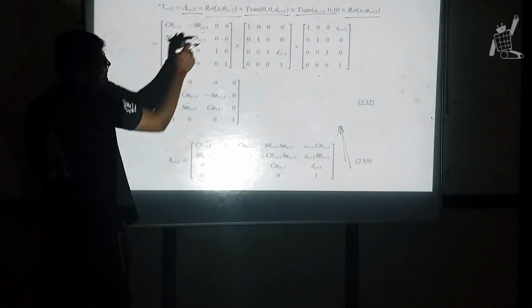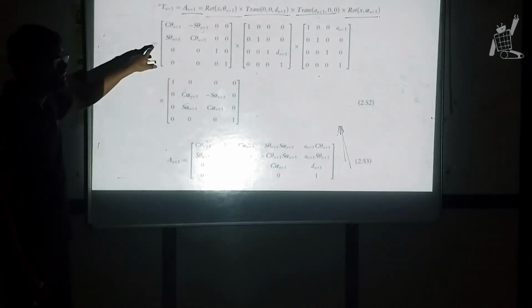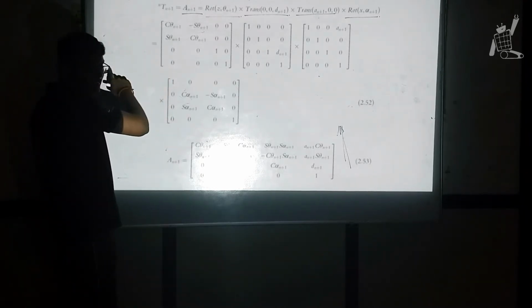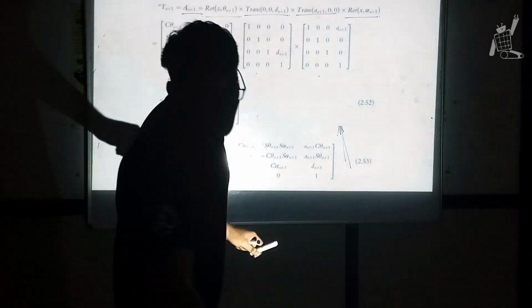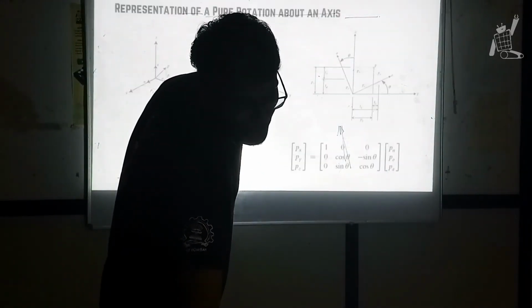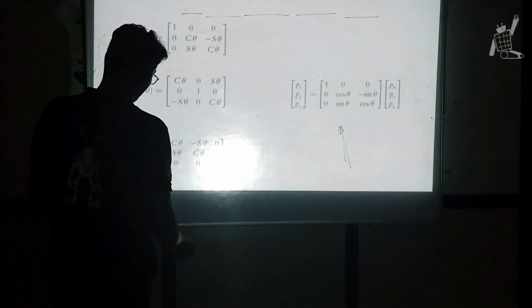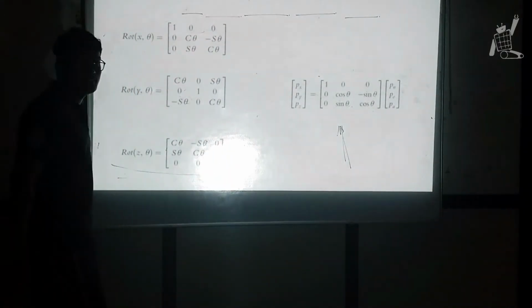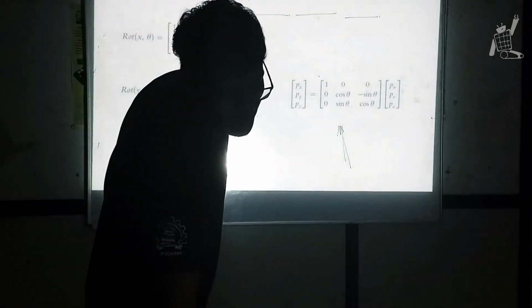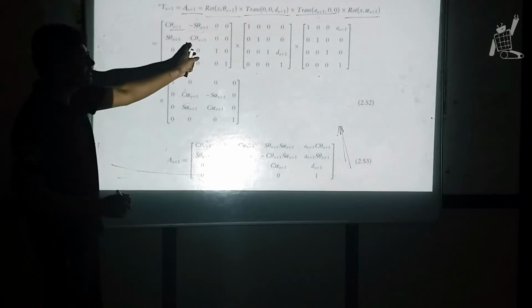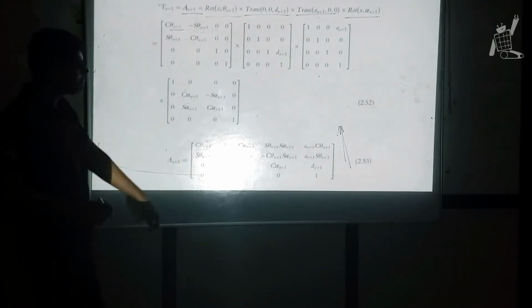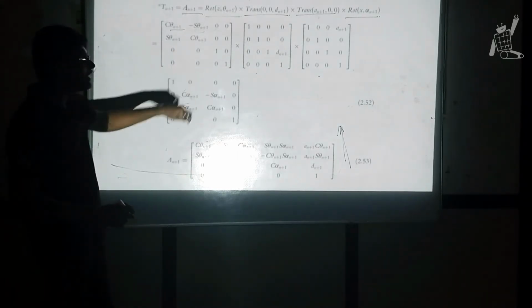First thing is the rotation about the z axis by theta n plus 1. We know the transformation matrix that we learned before for rotation about the z axis. This is the transformation, the same thing. Here theta n plus 1 is the angle that we need to rotate, so we substitute theta n plus 1 and get the matrix.